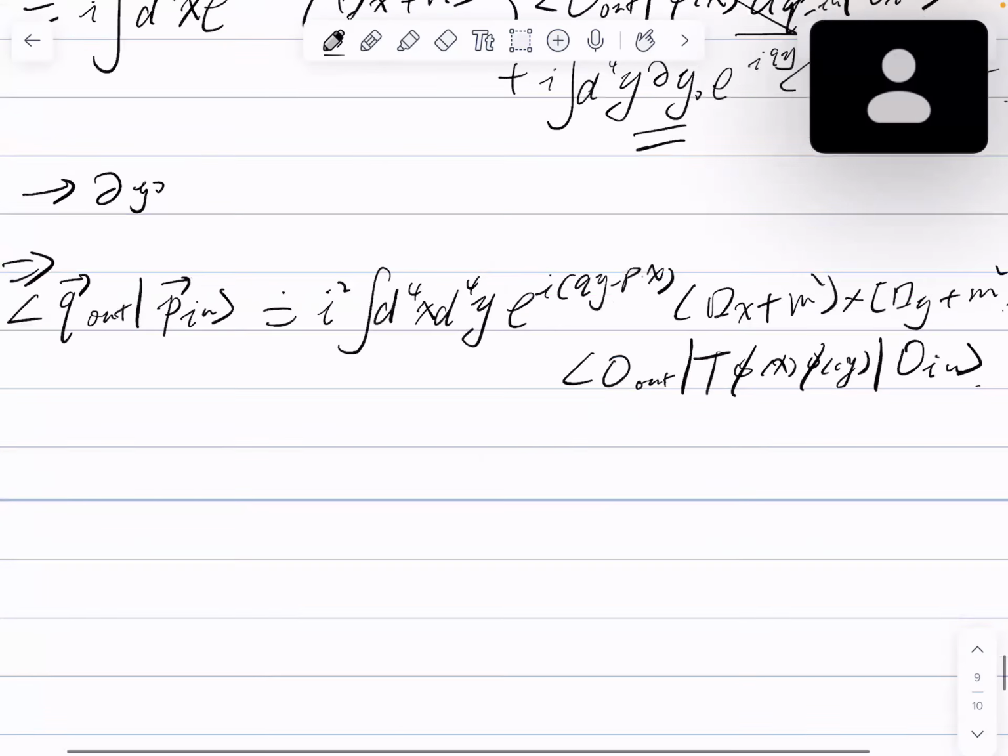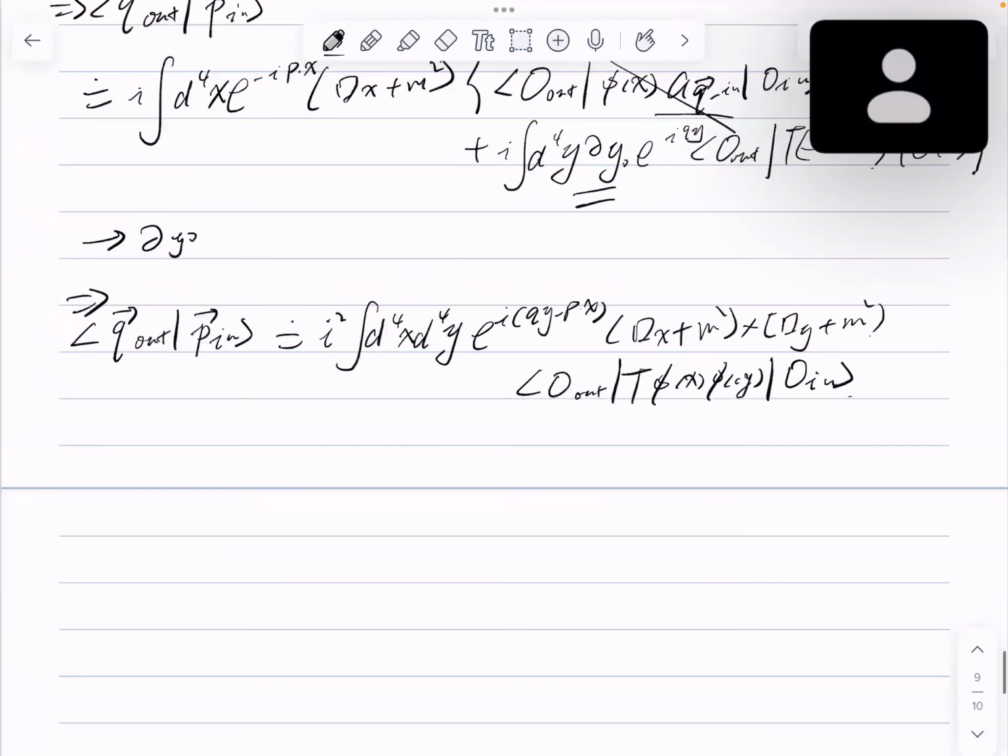That's the final expression of our LSZ reduction formula for a single particle state.